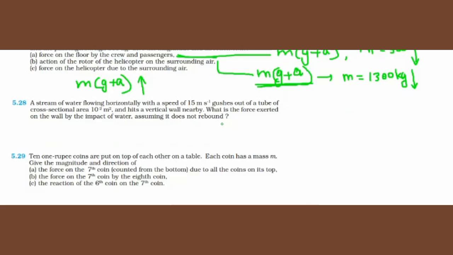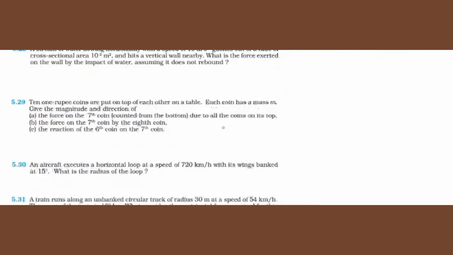Now, next question 28. So, a stream of water horizontally with the speed 15 meter per second. So, speed of water is given 15 meter per second. Gushes out of a tube of cross-sectional area 10 power minus 2 meter square. Area is given. It hits a vertical wall nearby.